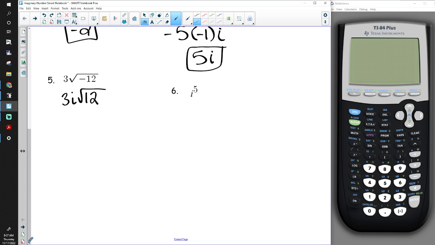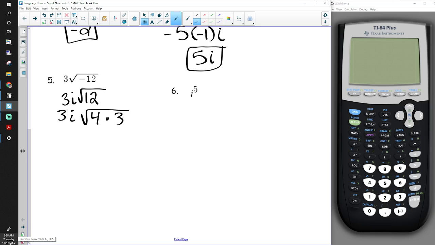Because I have a negative number under the square root, I instantly know my answer is going to be imaginary. I can't multiply a number by itself to get a negative number unless I have an imaginary number to help us out. The square root of 12 can be simplified, can't it? The square root of 12 breaks into what? Yeah, 3 and 4 or 4 and 3. 3i is still chilling out front.